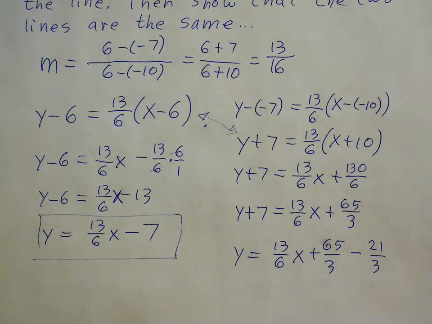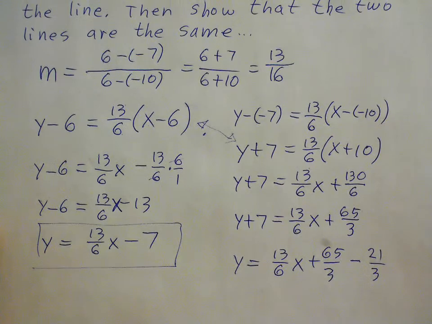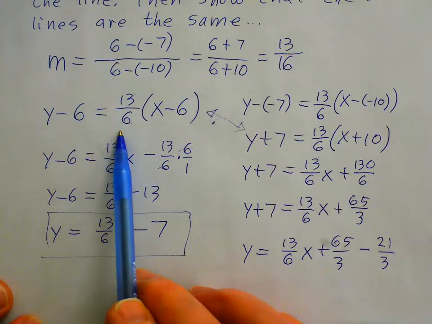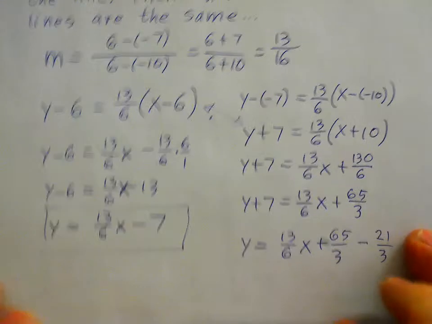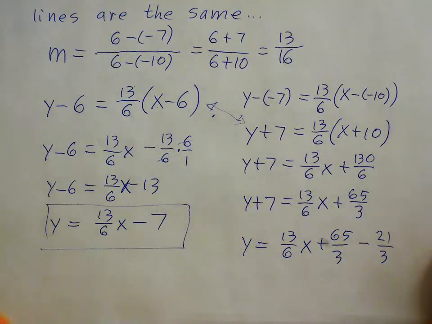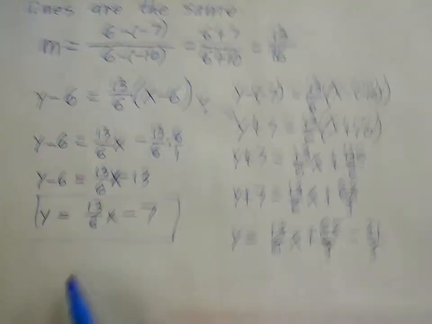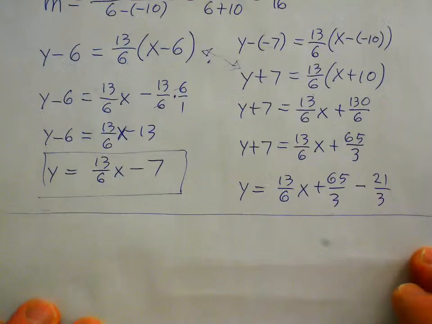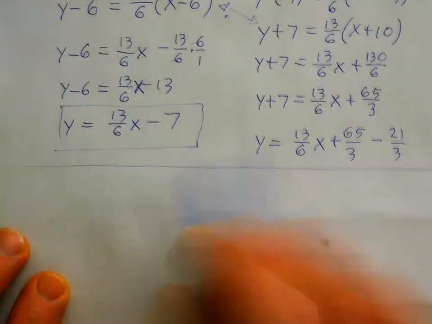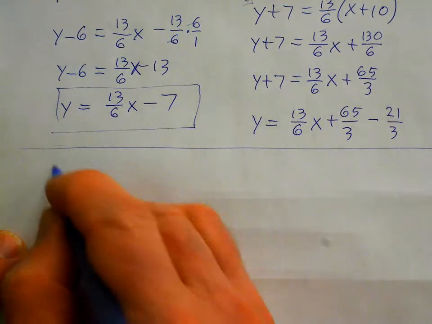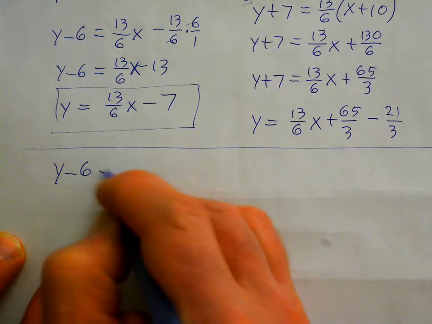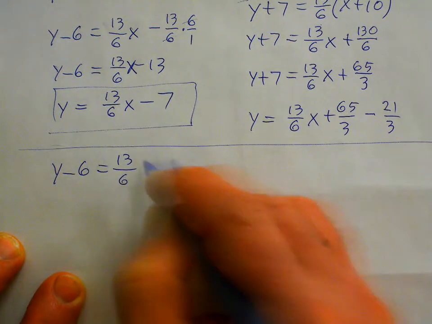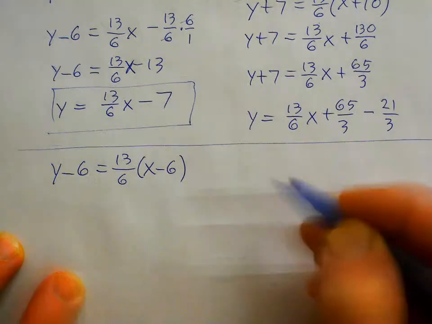Your slope is 13 over 16, not 13 over 6. Oh. Yeah, it would help if I used the right slope, wouldn't it? 13 over 16. Okay, well, my demonstration, we're about out of time. So I have time to rewrite the equations the way they should be. So y minus 6 equals 13 over 16 times x minus 6.